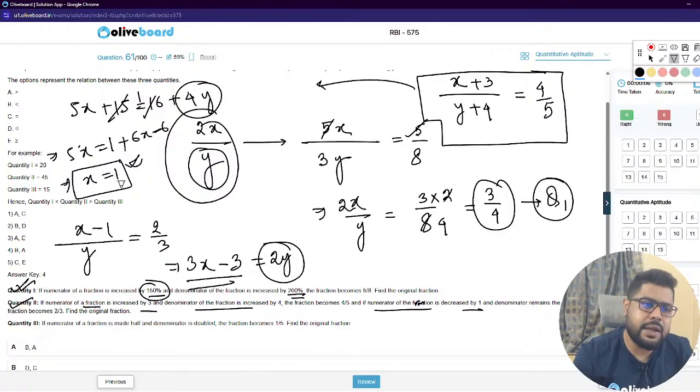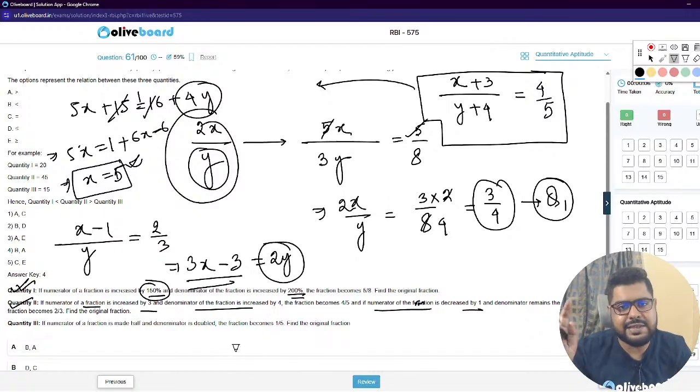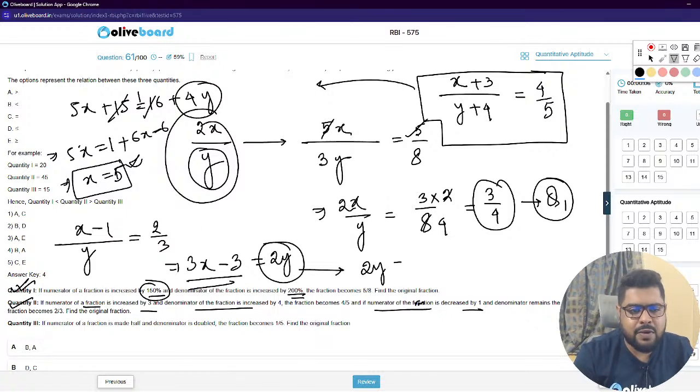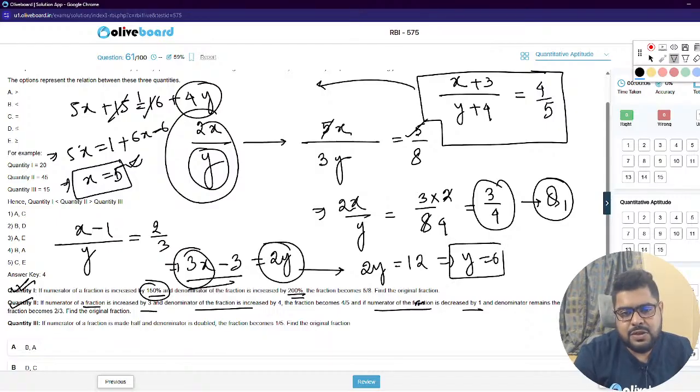Sorry, it becomes 5, I guess. My mistake. 6x minus 5x is x, and this is minus 5. Yes, x is 5. Now x is 5 means y is, just put your hands here. So 2y is equal to 3 fives are 15. 15 minus 3 is 12. So y becomes 6. So what's the original fraction? It becomes 5 by 6.